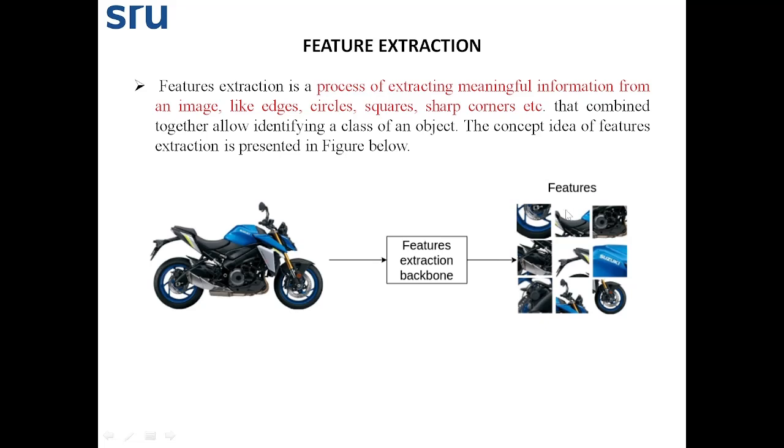By seeing this portion we can know that it is a seat of a vehicle, right? So combined together they allow us to identify the class of an object. This feature extraction is the backbone of a convolutional neural network.